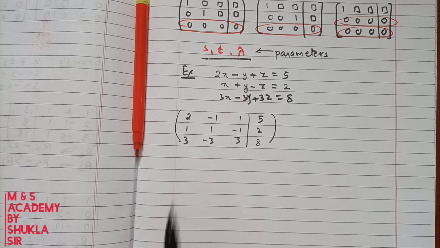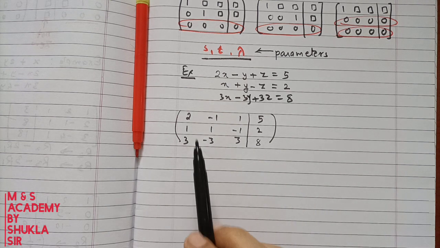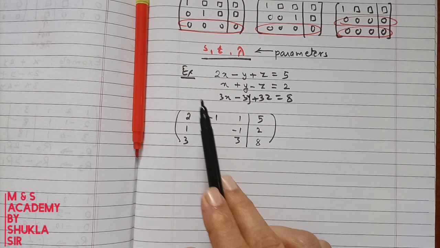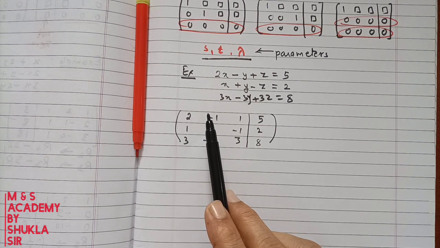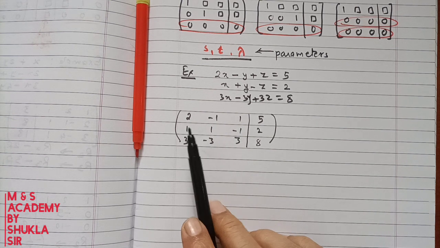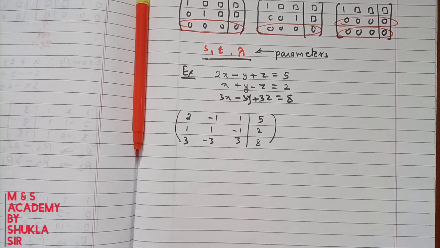Now our aim is to make these entries 0, 0. So while making these 0, our first step is to make the first row start with a 1.